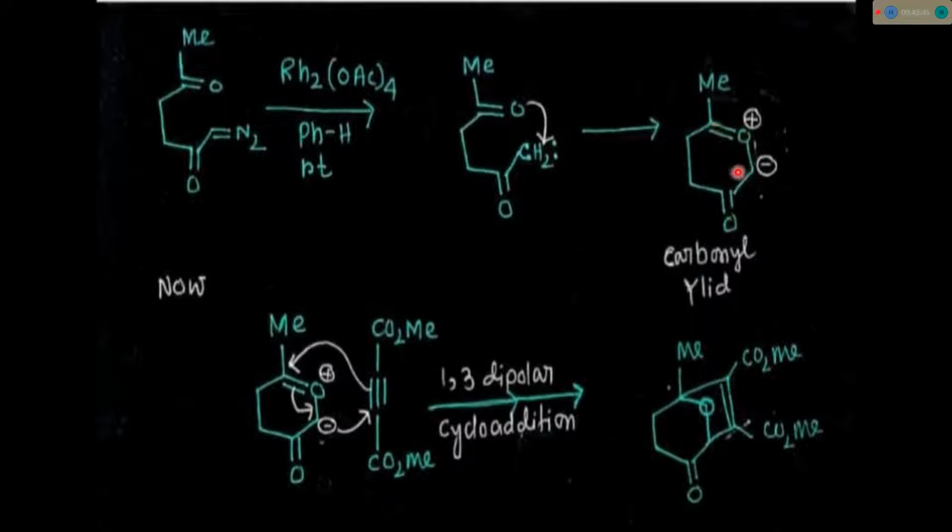It is also a 1,3 dipolar compound. It will take part in cycloaddition reactions with some alkene or alkyne. After that we obtain this kind of product at last. So let's move to the next and last question for this video.